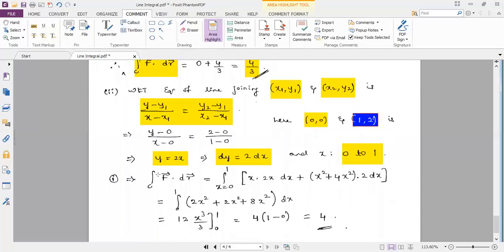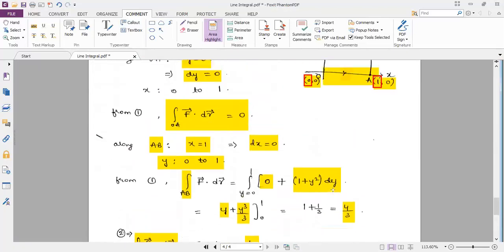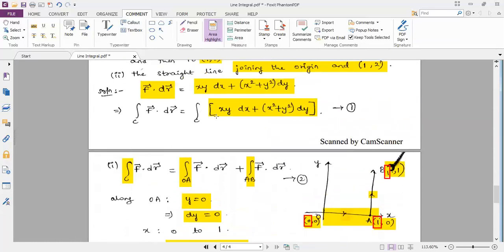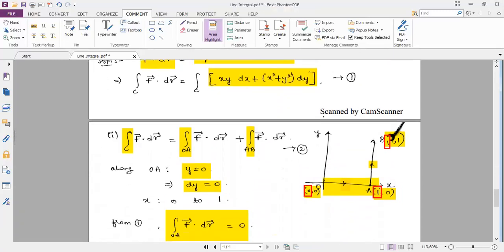Now we substitute in the formula for the integral over C of f dot dr, with x varying from 0 to 1. We substitute in equation 1: x into y dx plus x square plus y square into dy.